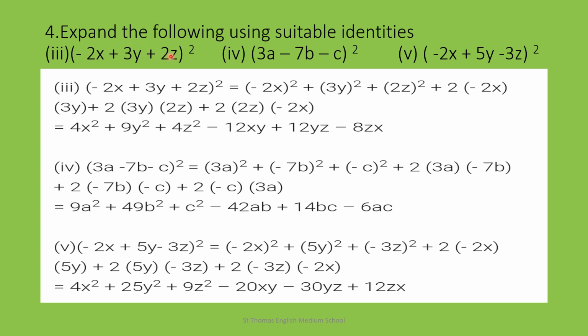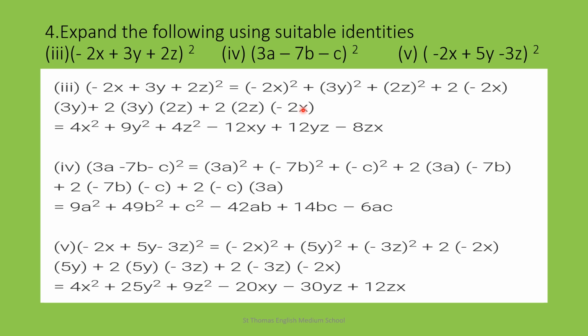So you directly substitute in the identity, that is a square, minus 2x square plus 3y whole square plus 2z whole square plus 2ab, that is 2 multiplied by minus 2x multiplied by 3y plus 2bc, that is 2 multiplied by 3y multiplied by 2z plus 2ca, that is 2 multiplied by 2z multiplied by minus 2x.